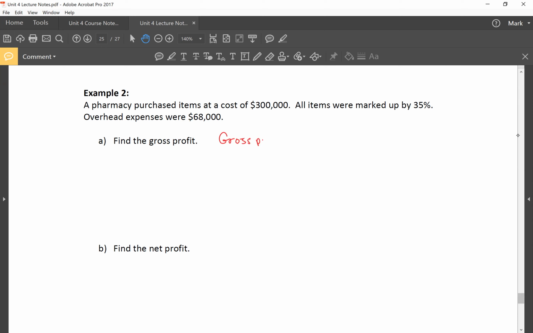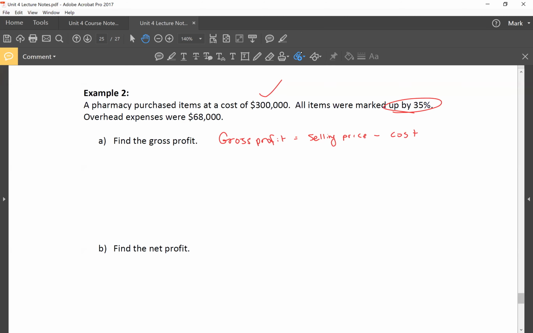I'm just going to write the formula here. This is a formula on your formula sheet, formula 16. Gross profit is equal to the selling price minus the cost. Now I know the cost. The cost is $300,000. I do not know the selling price. However, I do know the markup.